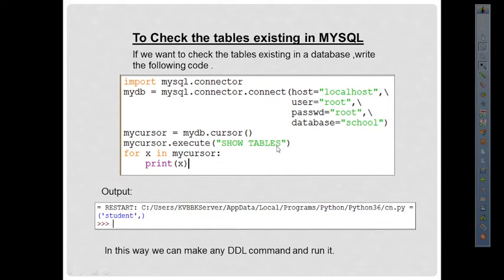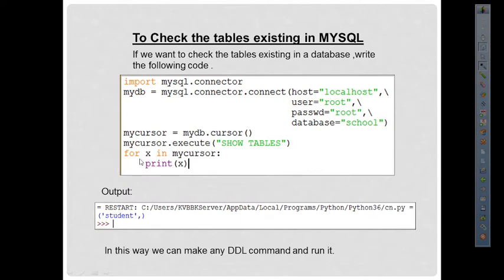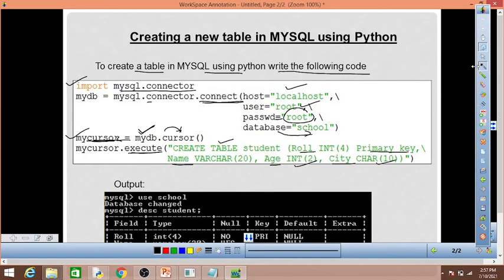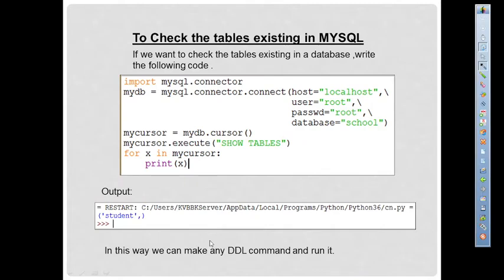When this command is executed, all the tables will be displayed, and to display those tables one by one, we have to write for x in myCursor, print x.